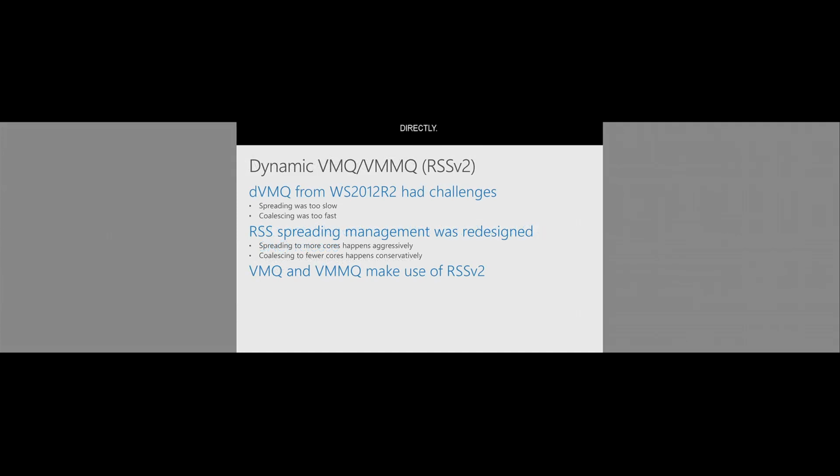So dynamic VMQ and VMMQ came along to solve a problem. Workloads are not static. You want to keep your networking workloads aggregated onto the fewest number of cores you can. VMQ and VMMQ statically assign mappings between ports on the NIC, queues in the OS, and CPU cores in the OS.